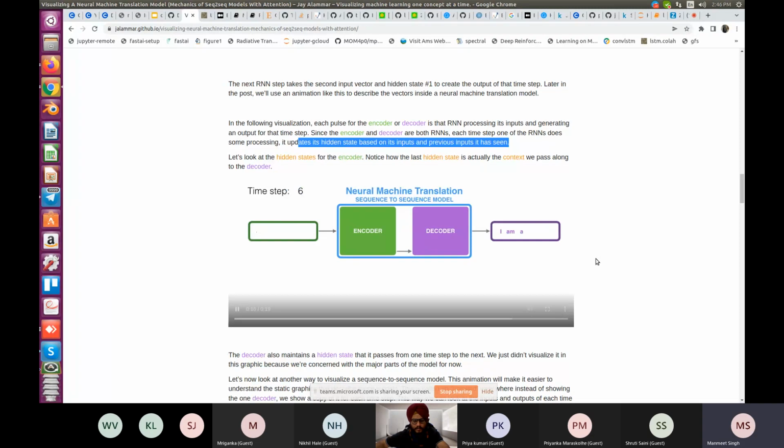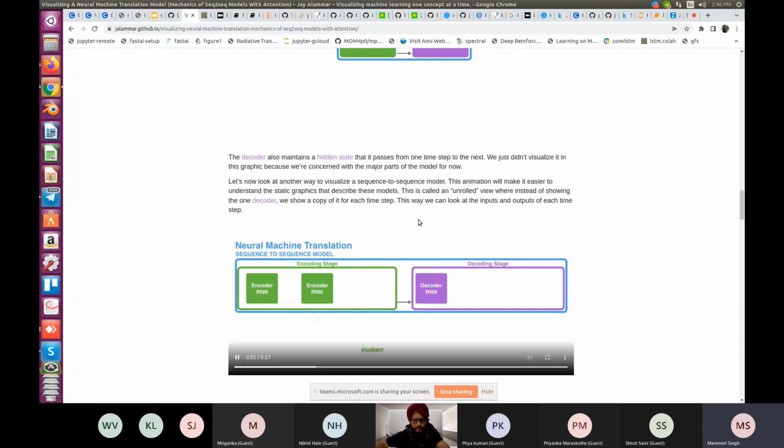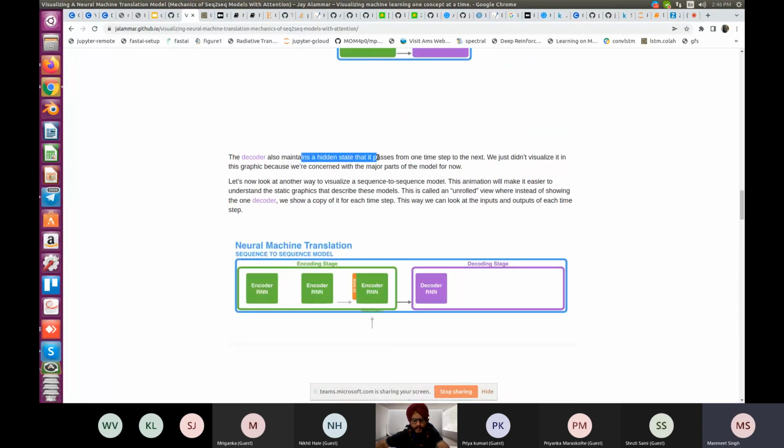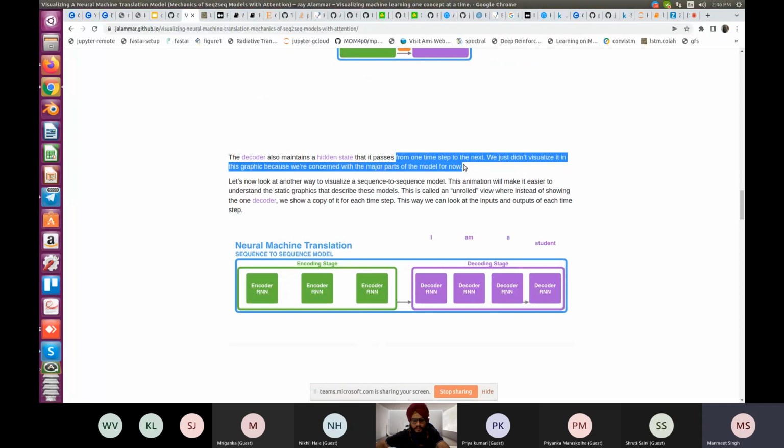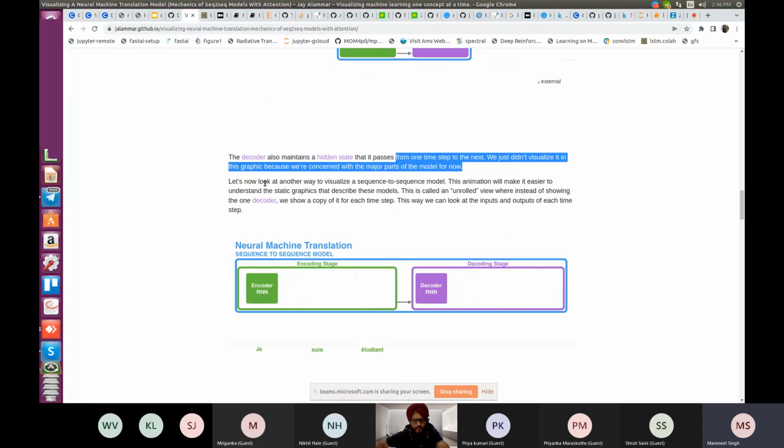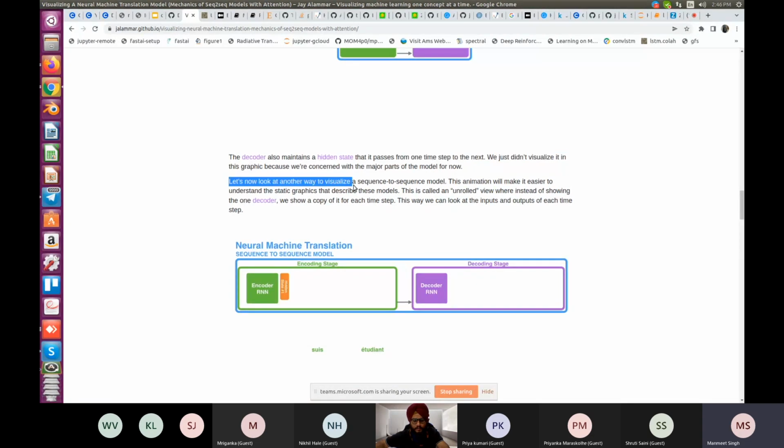And so the decoder also maintains a hidden state that it passes from one time step to the other. We just didn't visualize it in the graphic because we are concerned with the major parts of the model for now. Now let's look at another way to visualize a sequence to sequence model.